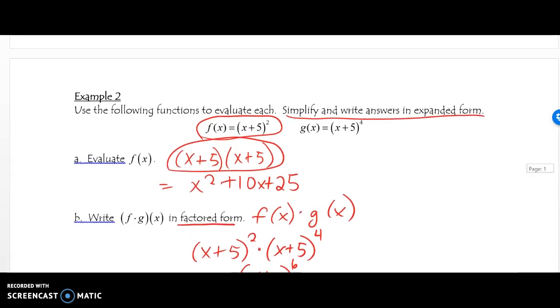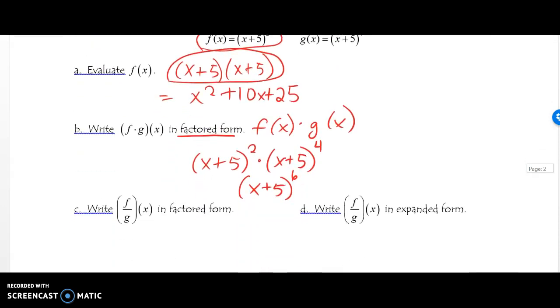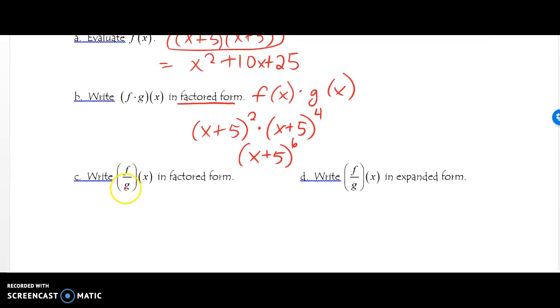Alright, so if we're looking at f divided by g, so f is x plus 5 squared, and g is x plus 5 to the 4th. Again, laws of exponents. These are considered the same base. So we can subtract or take the difference in the exponents.